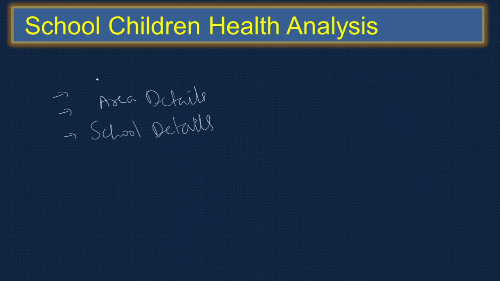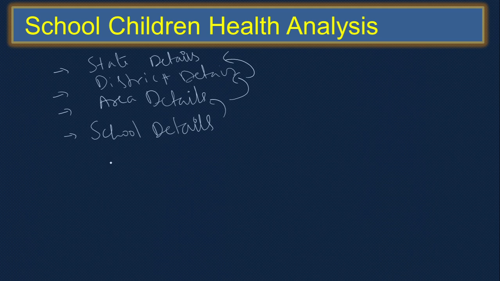This belongs to a district, therefore district details. And also state details, which state it belongs to. So any school belongs to one particular area, that belongs to a district, that belongs to a particular state. Then the problem type: what are the health issues?